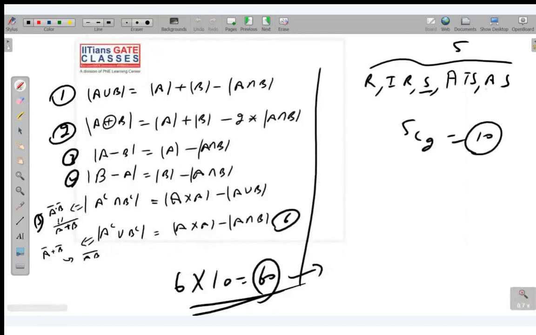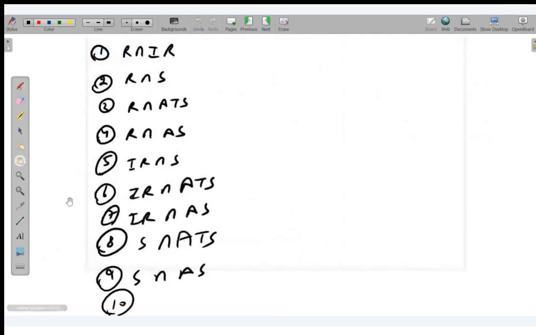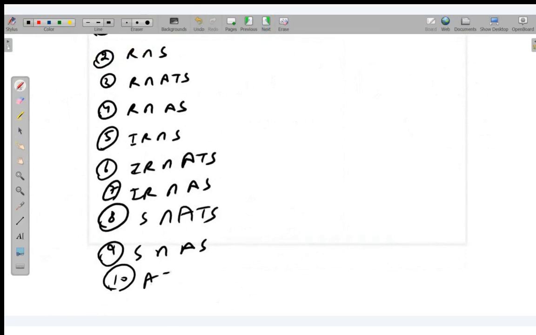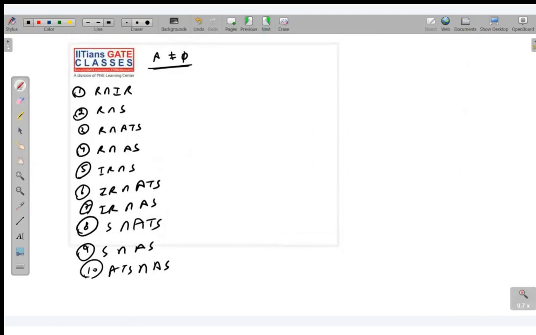And the last, 10th one, will be antisymmetric intersection asymmetric. Yes, sir. So we will answer these 10 questions and that's it. So these 10 questions will answer all the 60 questions.